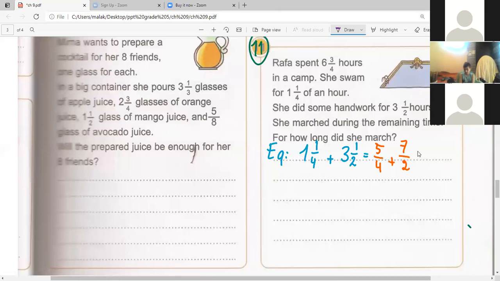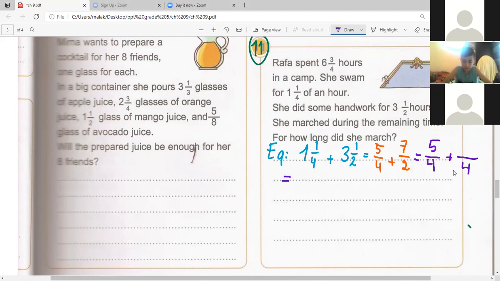And now we should find the common denominator between 4 and 2. Excellent. What is the common denominator between 4 and 2? 8, or 4. The smaller the number we choose, the easier the fraction. So the first fraction I will keep the same.